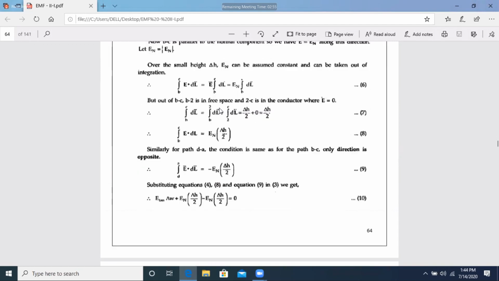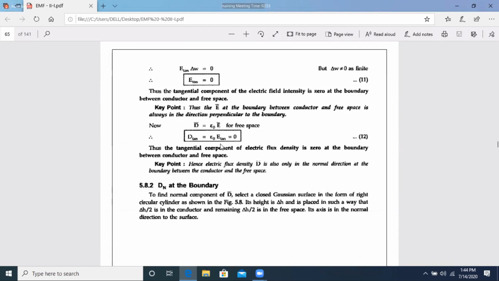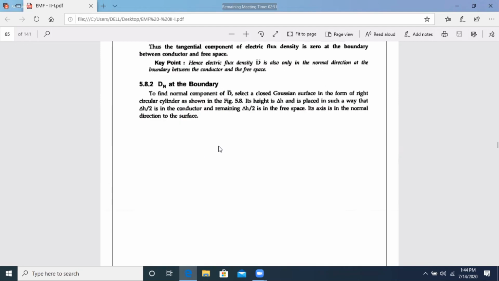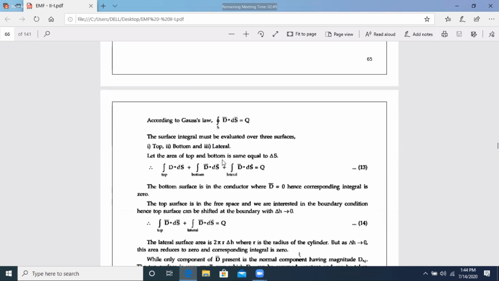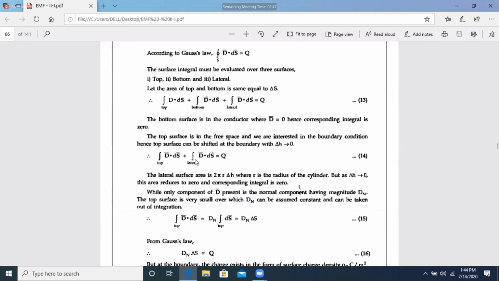We are only left with the top and the side, the lateral. We do the same thing and move the side across.